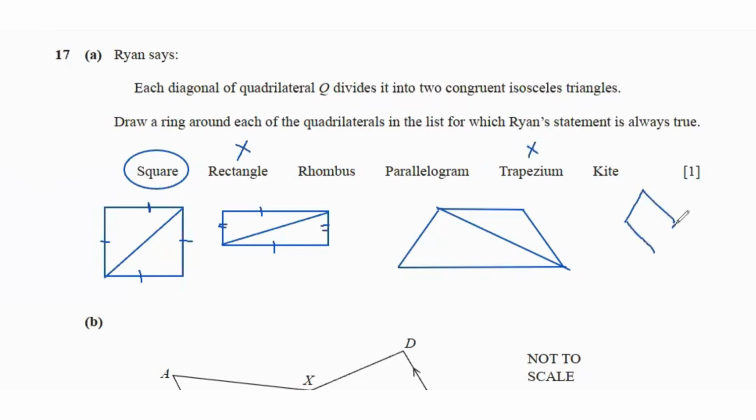Kite is this. Once again, not. Parallelogram would also not, because if you draw like this, these two lengths are equal and these two are equal. So nope. But a rhombus has all equal sides like a square. So it's a square and a rhombus.